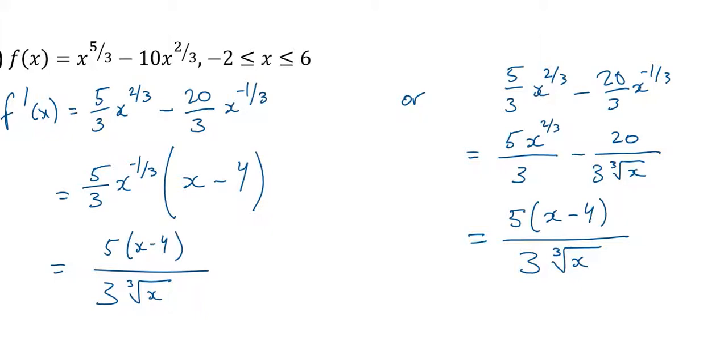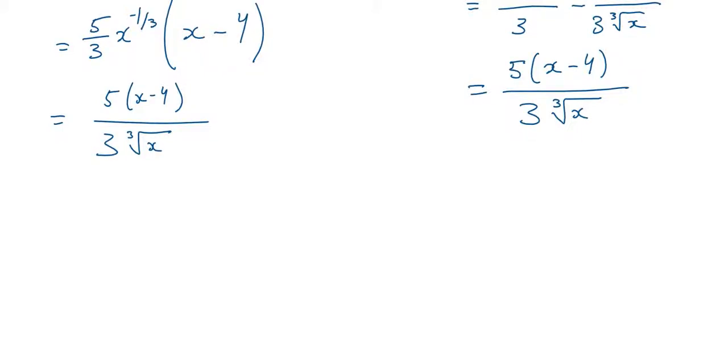We've got it fully simplified in the form that we want, and we can say f prime at x equals 0 when x equals 4. So like I say, sometimes we don't really show all the work, we just state it. And f prime at x does not exist at 0.